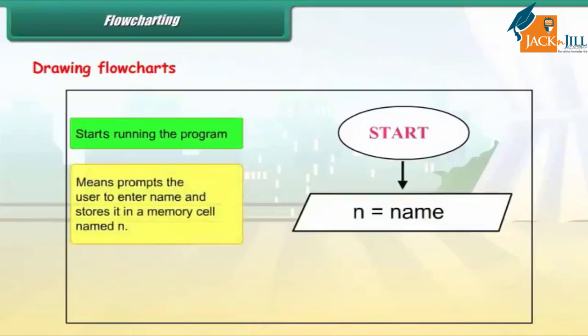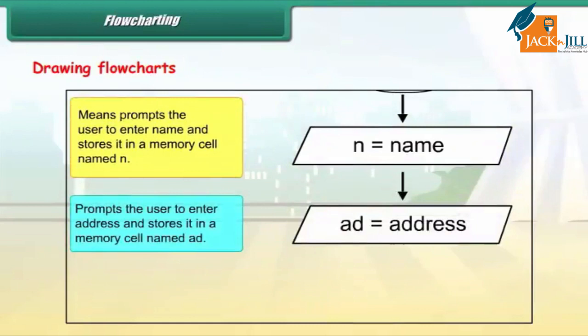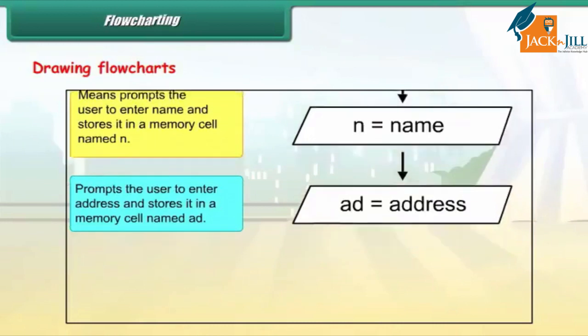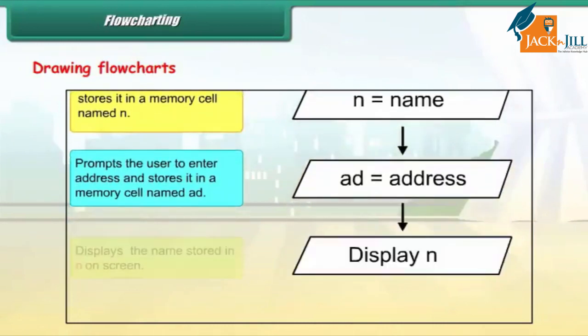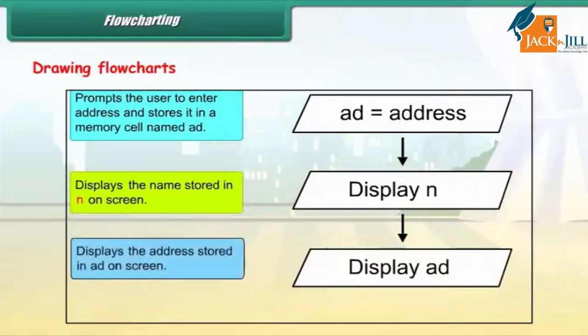Prompts the user to enter name and stores it in a memory cell named N. Prompts the user to enter address and stores it in a memory cell named AD. Displays the name stored in N on screen. Displays the address stored in AD on screen. Stops the program.